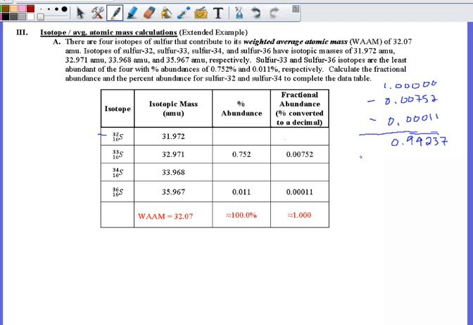Okay, the proper way to do this problem is do not assume that they're equally abundant. If you make that assumption, you're probably going to be wrong. You can't just average that and plug it in there. You can't just divide it by 2. So you cannot assume equal abundance.